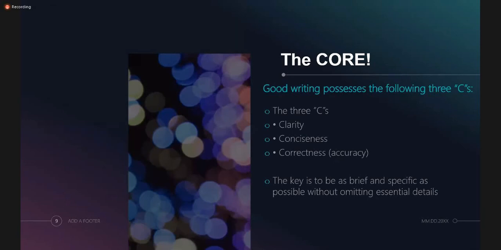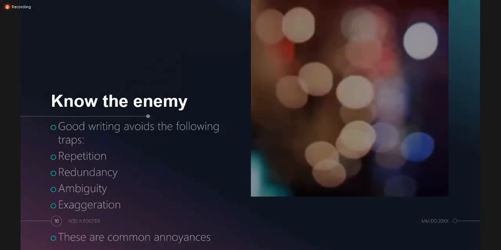Your writing must have brevity. If it is brief, it is still conveying the message. So that brevity will bring clarity, your writing will be concise, and hopefully it is correct, because you are writing less with much brevity. So remember these three C's.